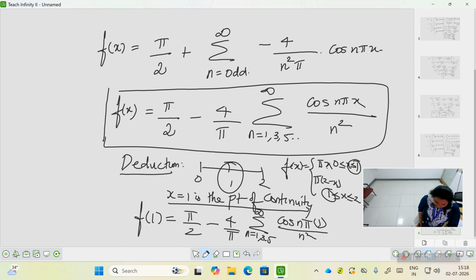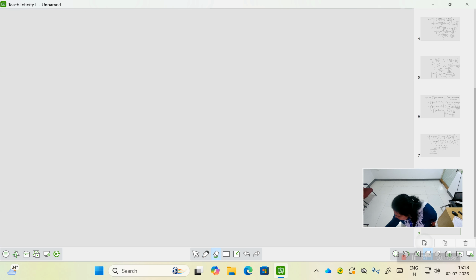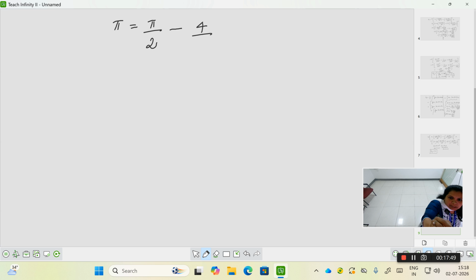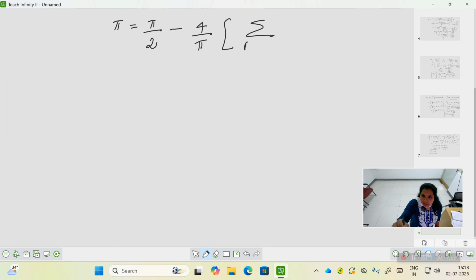Divided by n square. So bring this, what is f of 1 actually? Pi. So you are getting f of 1 is pi. So pi is equal to pi by 2, plus, minus 4 by pi. What is that value? Summation 1, 3, 5, etc. infinity cos n pi. Is it?